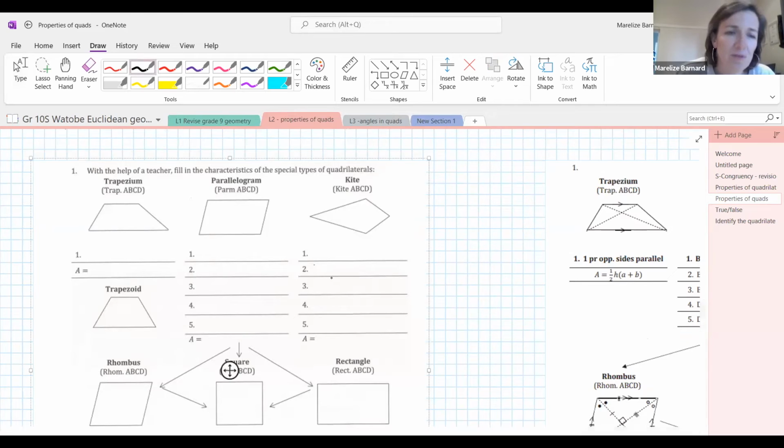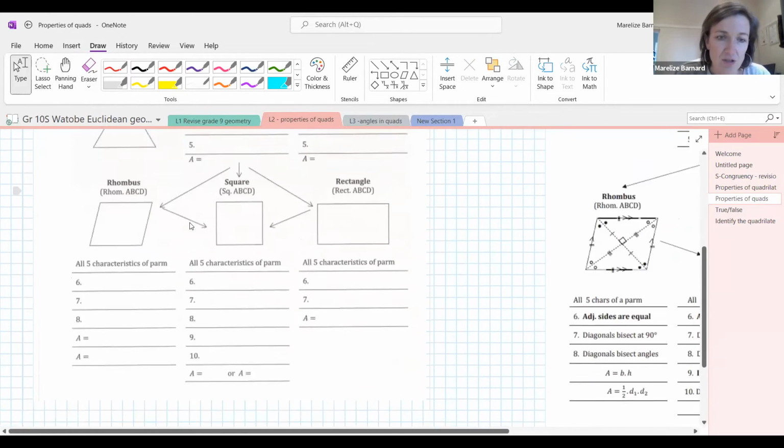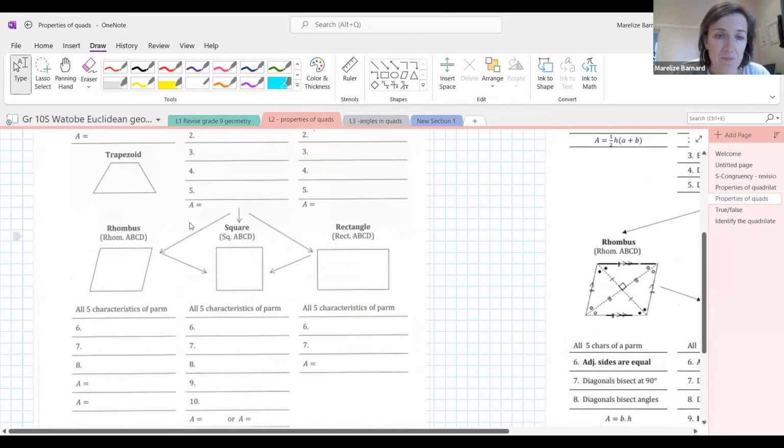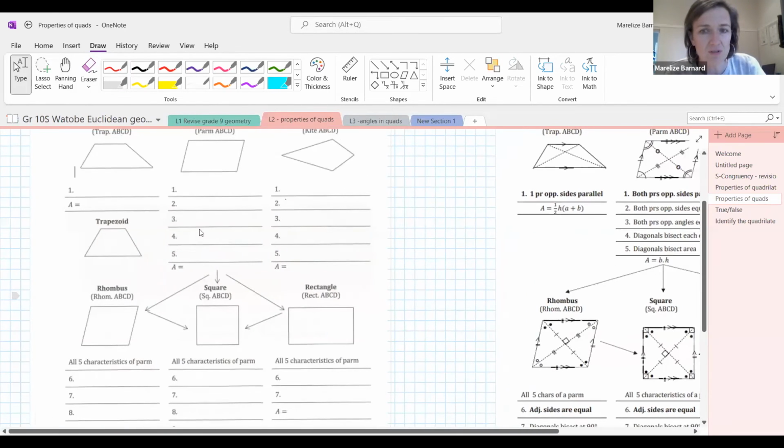It says with the help of a teacher, but I think you can do it on your own, because from what I've seen, you guys know your properties fairly well. I want you to have this so that you can use it as we go through our quadrilaterals.